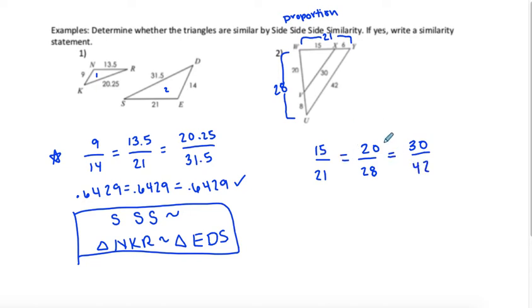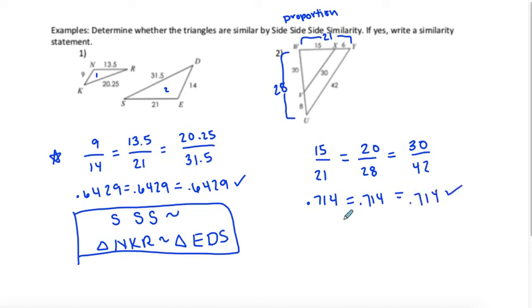All right, so again, I'm going to check the decimal just by dividing. 15 divided by 21 in my calculator, 0.714. 20 divided by 28 on the second one. Okay, good, I'm on a roll, 0.714. 30 divided by 42, 0.714.